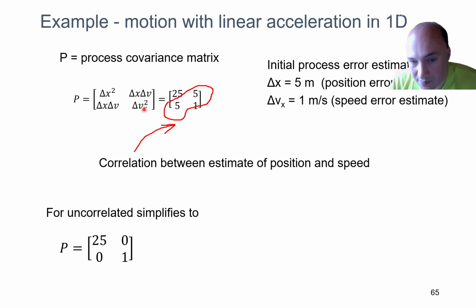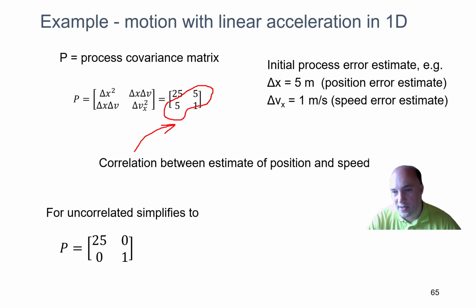For example, you estimate that you calculate the position with 5 meter accuracy. No, sorry, this is not variance, this is accuracy, and this would be squared, so that's 25. And here you calculate the error with 1 meter per second error. So here that's 1 squared, which is still 1.